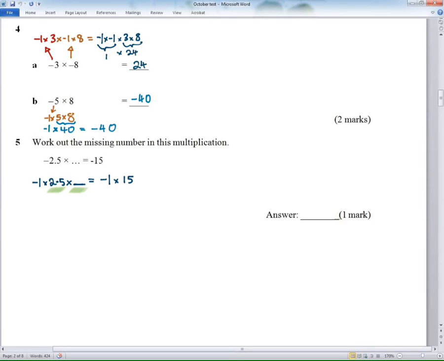We need 2.5 times something to be the same as 15, because there's 1 minus 1 on the left-hand side and 1 minus 1 on the right-hand side. 2.5 times 2 we know is 5, so it must be true that 2.5 times 6 is 15. So the answer to the question is 6.